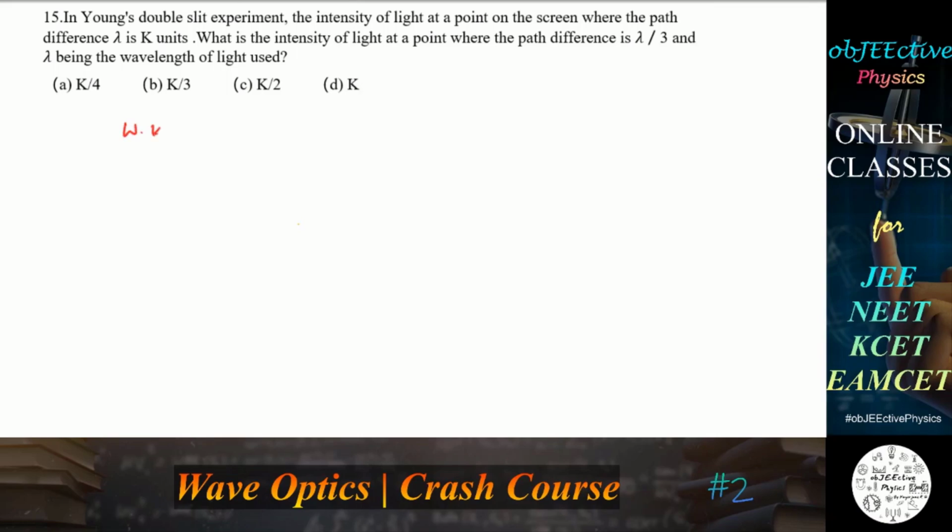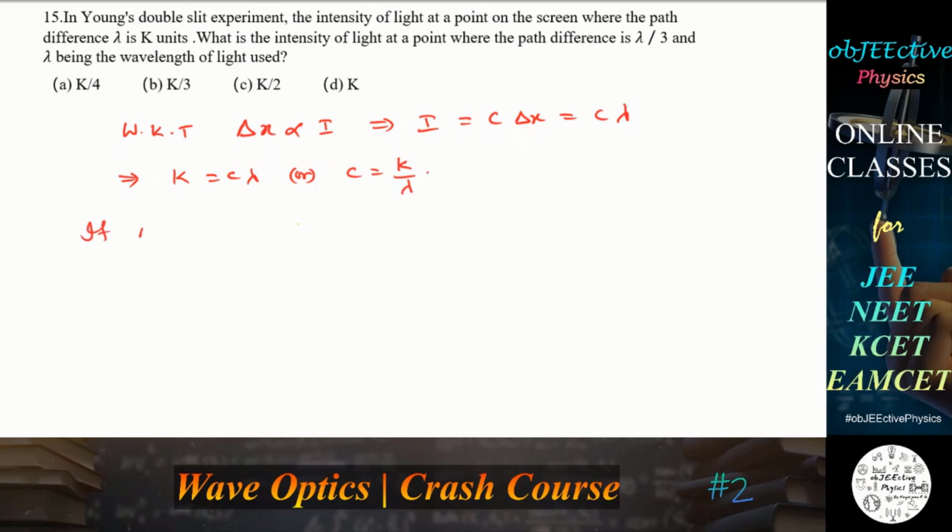We know that intensity is directly proportional to path difference, that implies I is equal to C into delta x, where C is a proportionality constant. If path difference is lambda, I is given as k, that implies k is equal to C lambda, or C is equal to k divided by lambda.